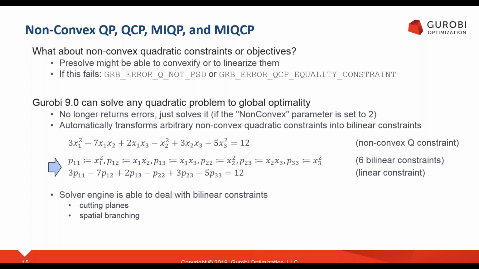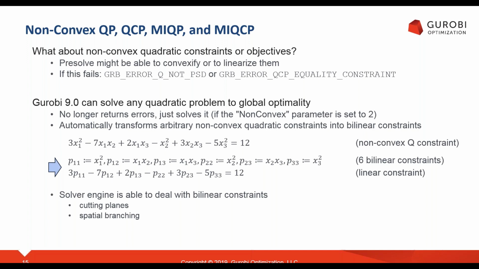But if this is not the case, so if there is a non-convex quadratic constraint that cannot be linearized or convexified, then Gurobi 8.1 would return an error code, either the GRB error Q not PSD error or the GRB error QCP equality constraint.